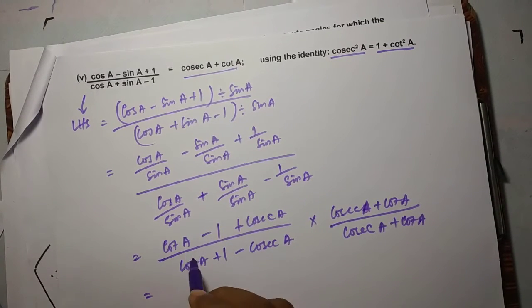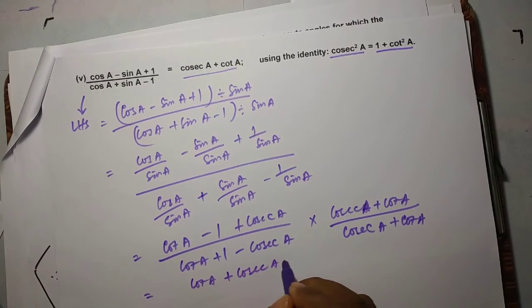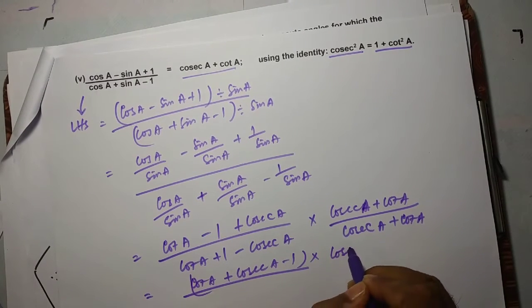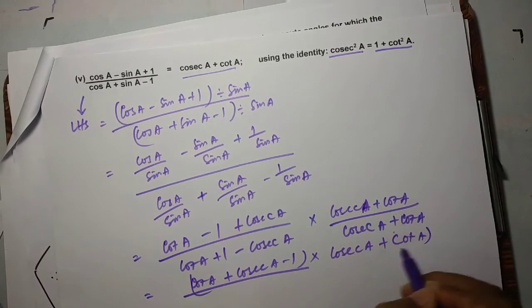Let me arrange this one. So I can write here cot A plus cosec A minus 1 over, and this is a multiplication, it is already there. Let it keep like this because the answer will come only there. We will not do the multiplication, we'll keep it intact, right?